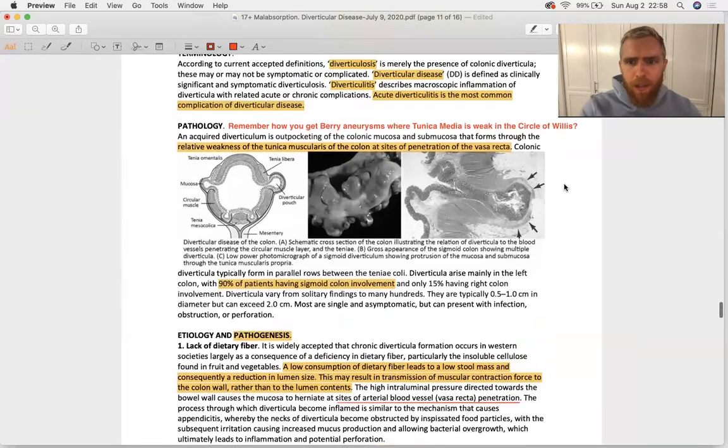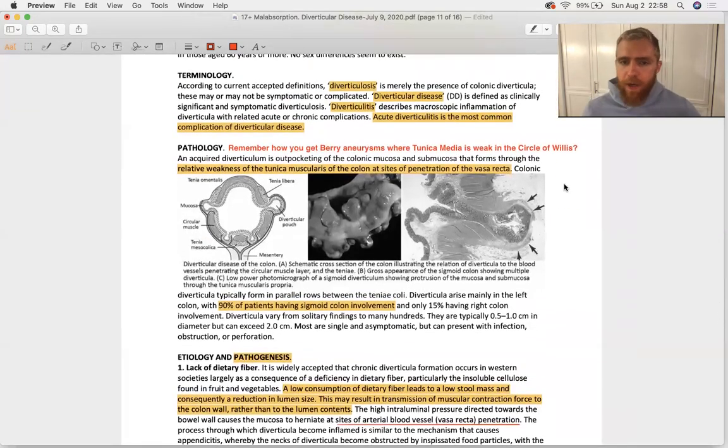So back to the pathology. Again, I compared this to an aneurysm, and due to the structural defect, I want you to reference back in your mind to when you learned about the brain. When you learned about the circle of Willis, you realized that there was this junction of the internal carotid going up and hitting the middle cerebral artery. And at that angle, that's where like 40+% of berry aneurysms occur.